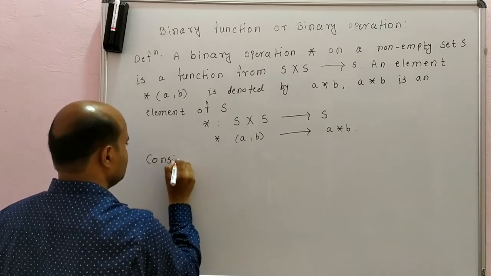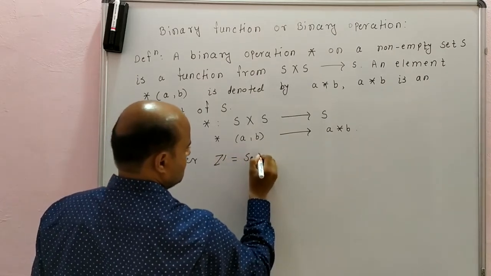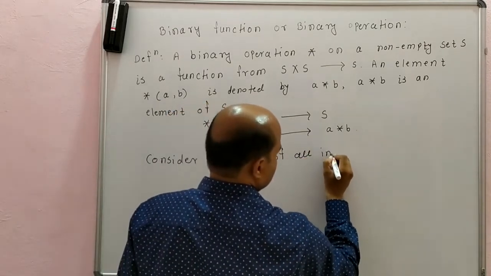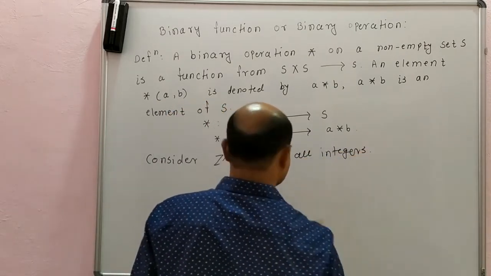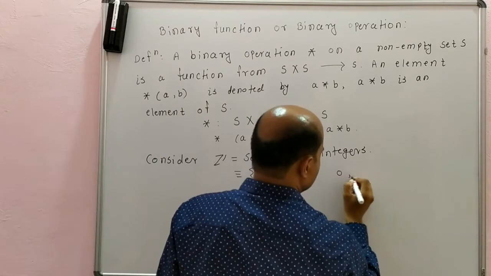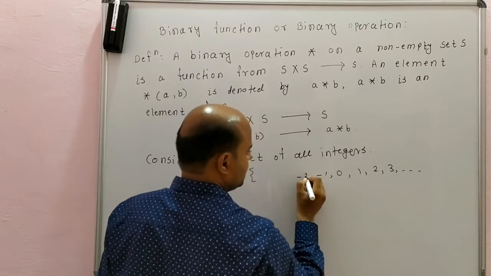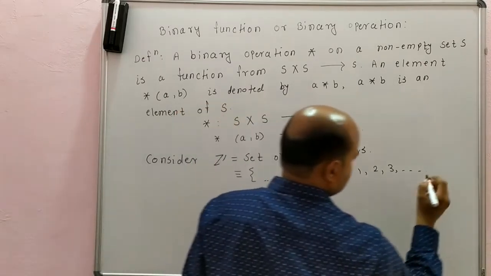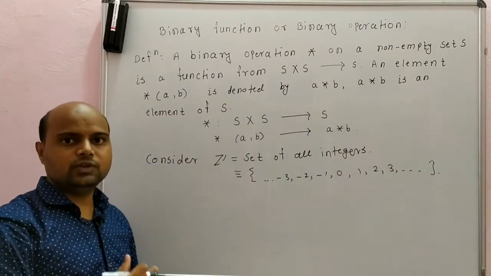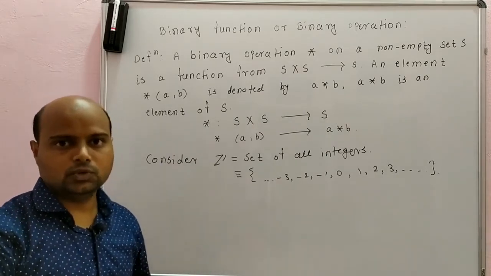Consider Z, the set of all integers: 0, 1, 2, 3 and so on, minus 1, minus 2, minus 3 and so on. Now we know addition. We can do addition of two integers.